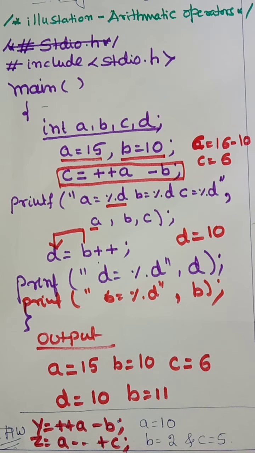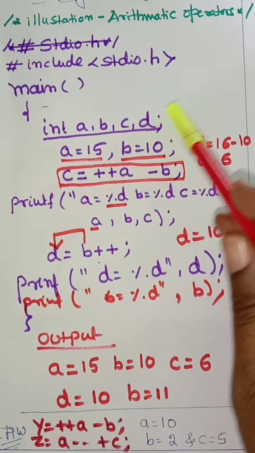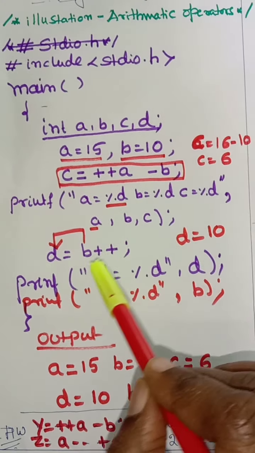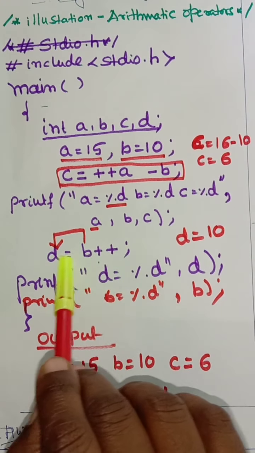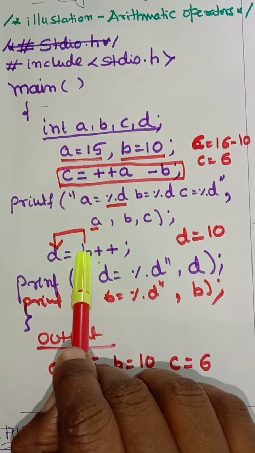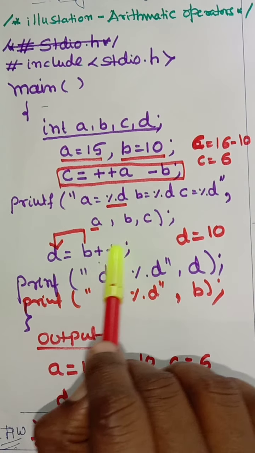Students, another point I want to clarify in the programming. I have already explained what this means. One thing I want to explain is that here I have calculated the d value. Some of you may have the question, why do we have to calculate here? It is not like that you have to calculate here only.